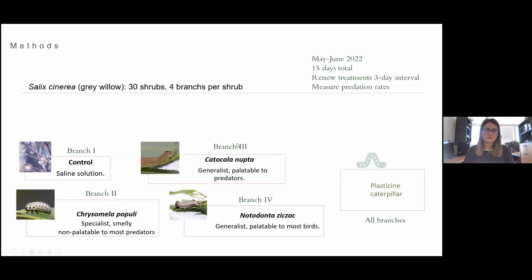The third branch will have mechanical wounding plus Catocala nupta extract. And the final branch will have mechanical wounding plus extract from Notodonta ziczac. And every one of these branches will receive 2 Plasticine caterpillars. So this experiment will be run for a total of 15 days, and the treatments will be renewed at 3-day intervals. And also, when renewing the treatments, I'll be measuring all the predation rates during this period.